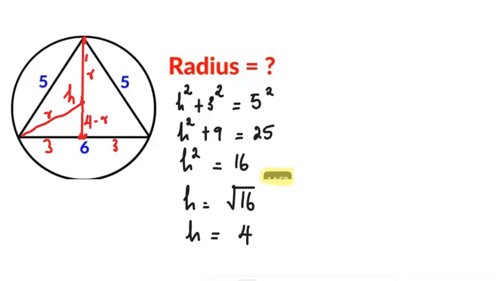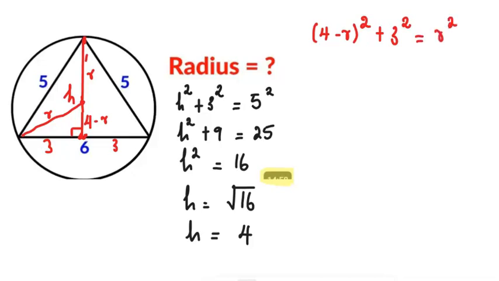Now let's consider this right triangle right over here, because we're going to apply the Pythagoras theorem once again. Okay, so using the Pythagoras theorem, we get 4 minus r whole squared plus 3 squared is equal to r squared.